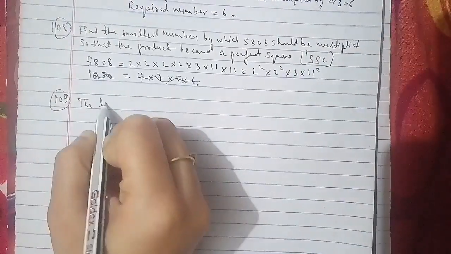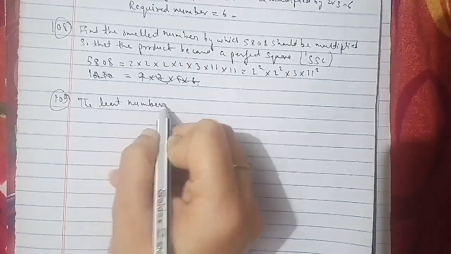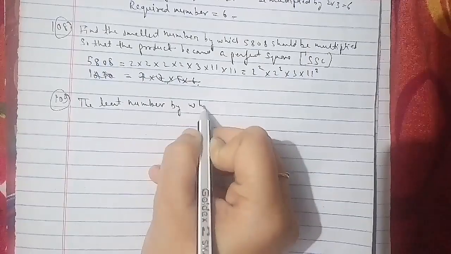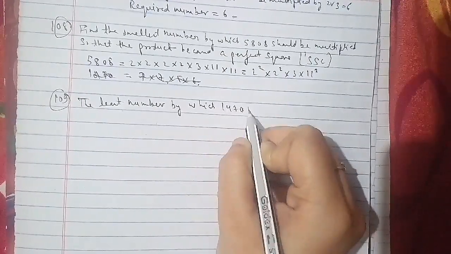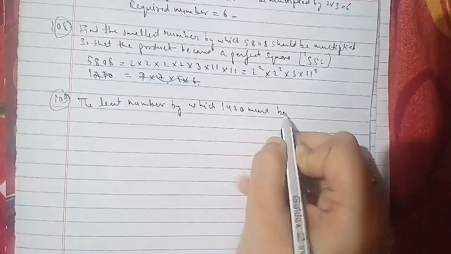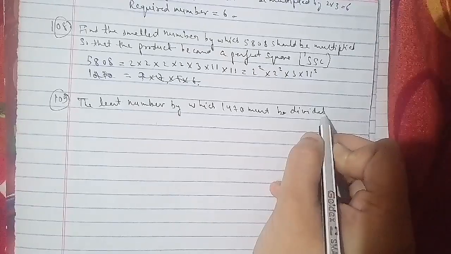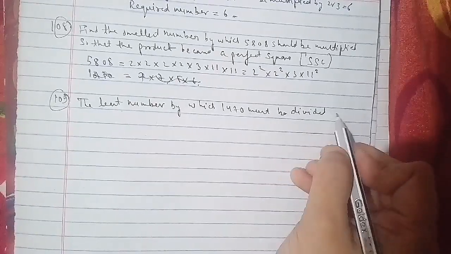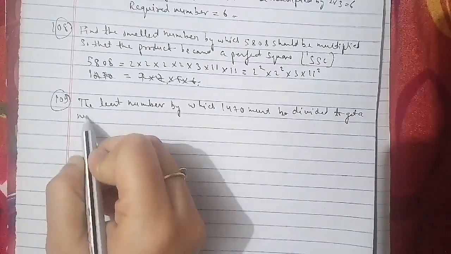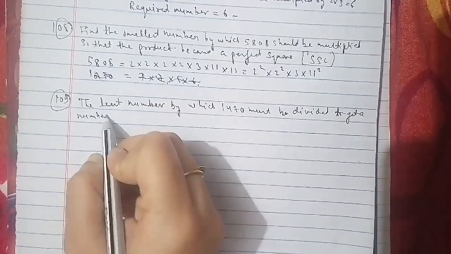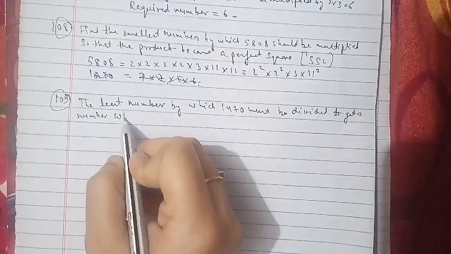The least number by which 1470 must be divided to get a number which is a perfect square.